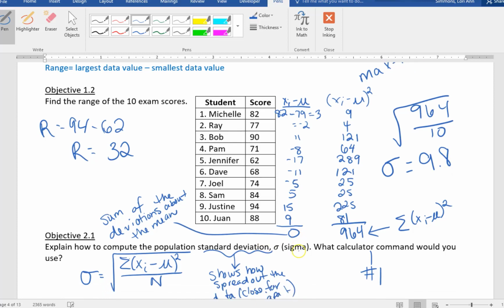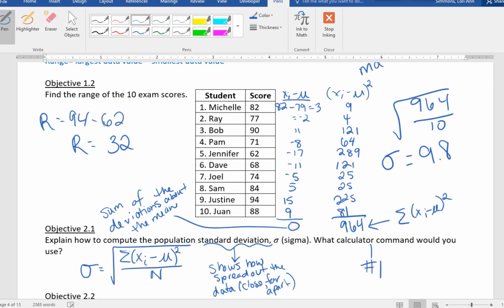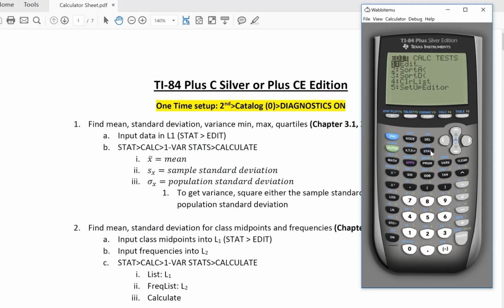So let's try to do this on our calculator and see if we can get the same thing. So we go to Stat, Edit, put your information in the list. I have done that already. Step B, go to Stat, Calc, 1-Var Stats, and then we're going to do List 1.